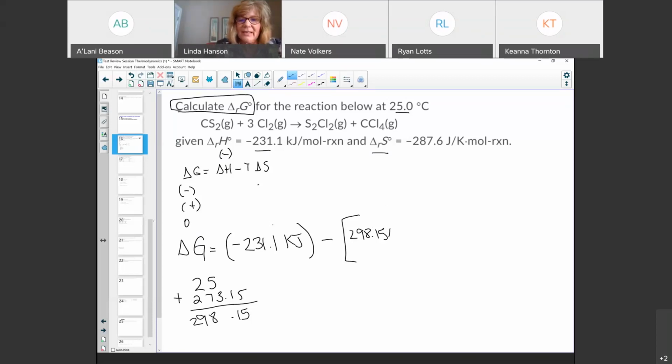That's Kelvin. And then what I like to do with my entropy variable is remember to put this at negative 287.6 over 1,000 to remind yourself that you have to match that unit and make sure that you're subtracting a kilojoule from a kilojoule.